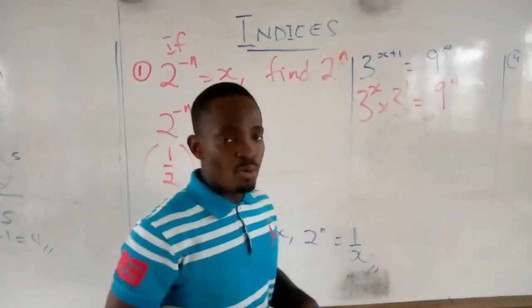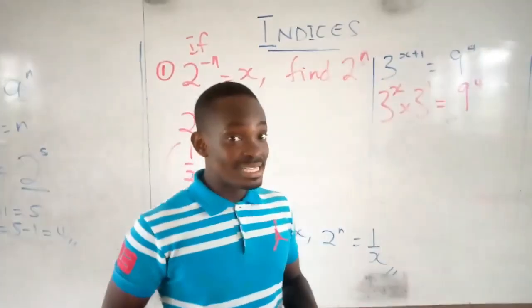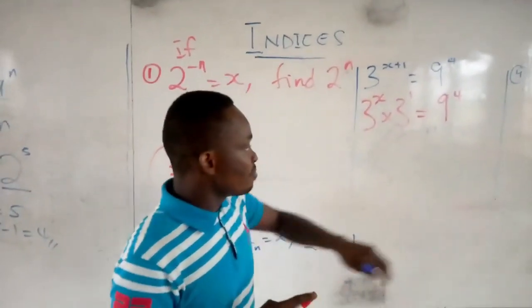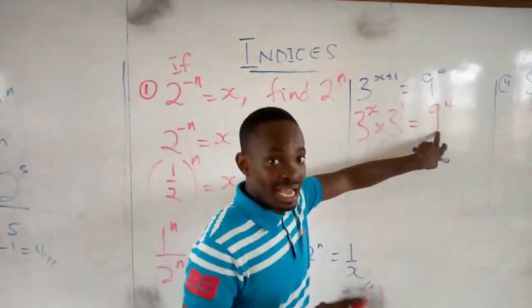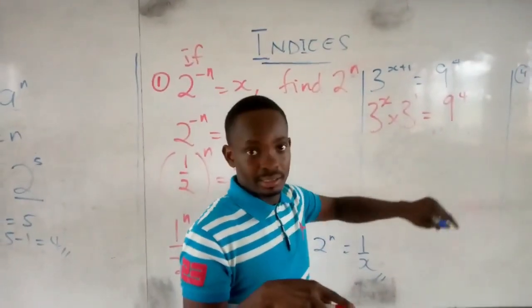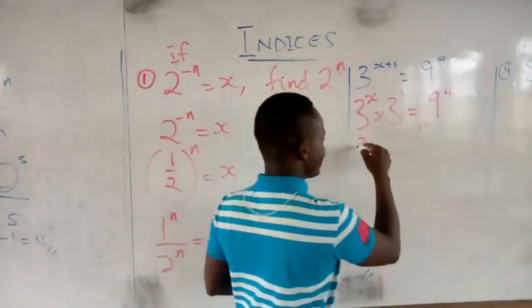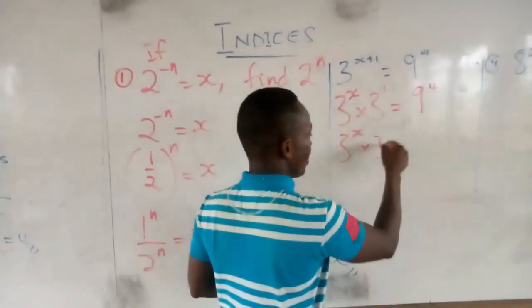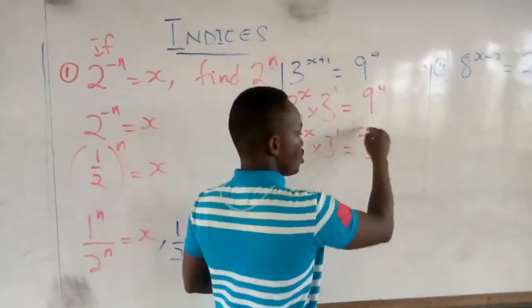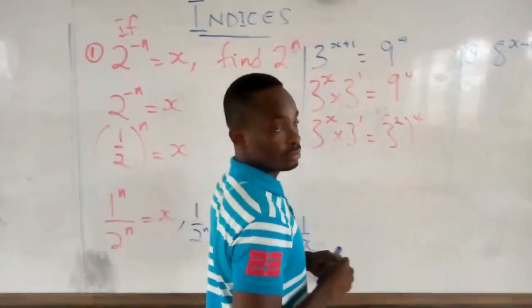Now, because I want to equate the indices, I'll have to make this 9 have the same base as 3. So I get 3 power x times 3 power 1, because 9 is 3 power 2, all to the power 4.